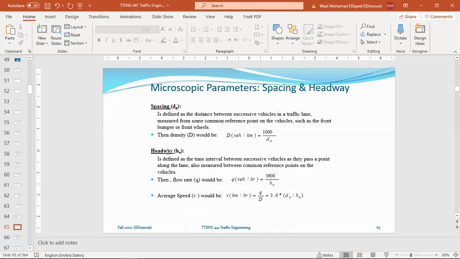So if the headway is measured in seconds, then the flow rate will be 3,600 seconds divided by the headway, because we have 3,600 seconds in 1 hour. So if we divide the 1 hour by the headway, we get the flow rate. The average speed would be the flow rate divided by the density.